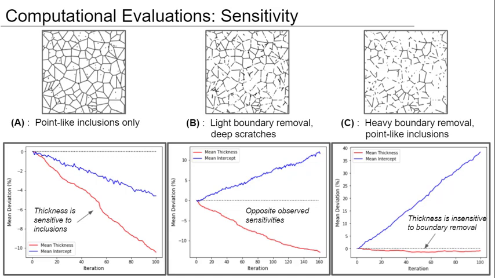Local thickness was not affected by this very much, and this is partially because local thickness means are not very much affected by a low percentage of boundary removal, and also for the amount that is affected, this is balanced out by the inclusions, so the mean just happens to be almost a net zero deviation.